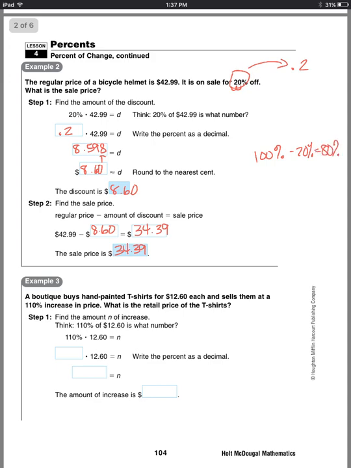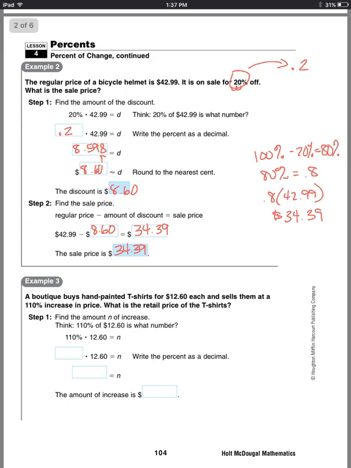Now, I can change that 80% to a decimal and get 0.8, and then I can take 0.8 times $42.99, and I get an answer of $34.39. So, either way you do this, you're going to get the same answer.